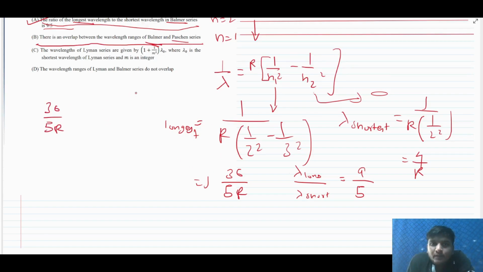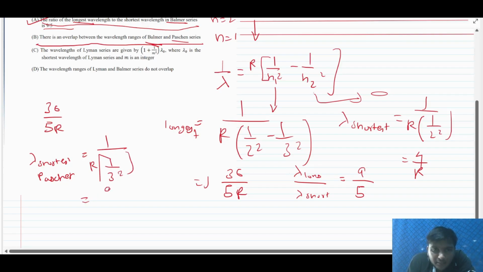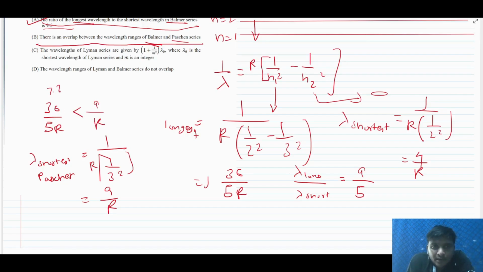The shortest wavelength of Paschen is lambda shortest equal to 1 by R times 1 by 3 square, that is 9 by R. We can see that 36 by 5R is clearly smaller than 9 by R, as 36 by 5 is nothing but 7.2. It means Paschen starts further ahead, so there will be no overlap. Hence option B is incorrect.